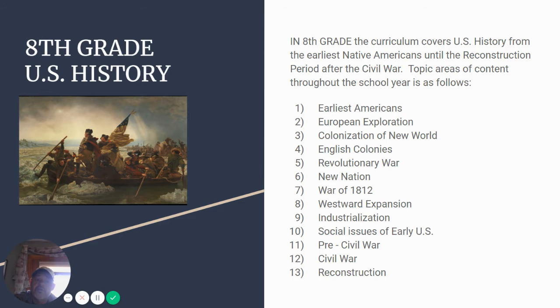Social issues of early U.S. We'll look at women's rights, black rights, things like that going on. This will lead to the pre-Civil War time period, what led up to the Civil War, sectionalism, how it started developing the North, the South, the West, and leads up to some things like that. Then the Civil War, of course, and Reconstruction.